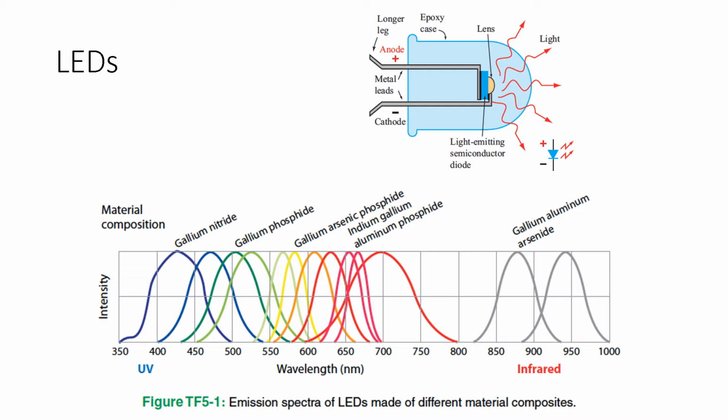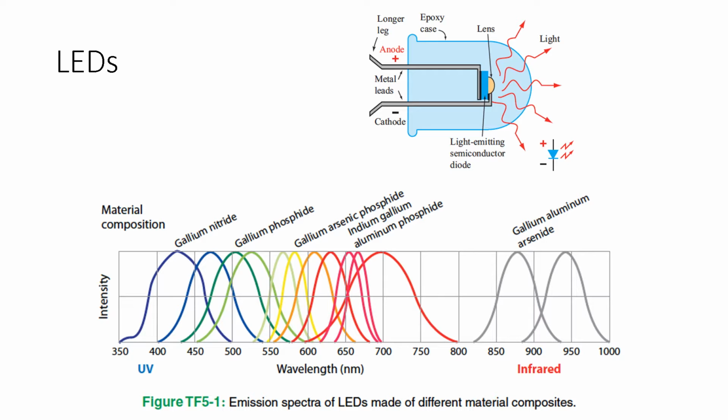But these are different material composites that allow different colors to be made of LEDs and different doping, essentially semiconductor doping. So gallium nitride, gallium phosphide, we have indium gallium, we have gallium aluminum arsenide. Each one of these is responsible for producing different colors of LEDs and different colors of light. And they come down to the physics of how much energy these photons have coming off and what their wavelength is.